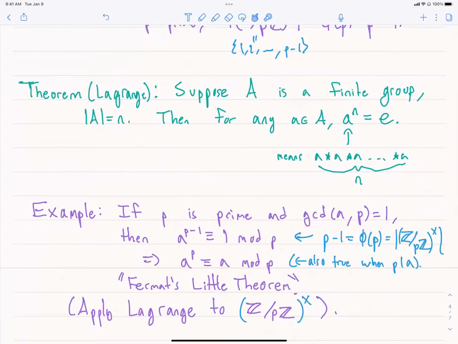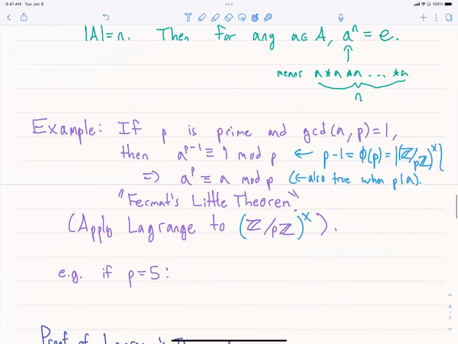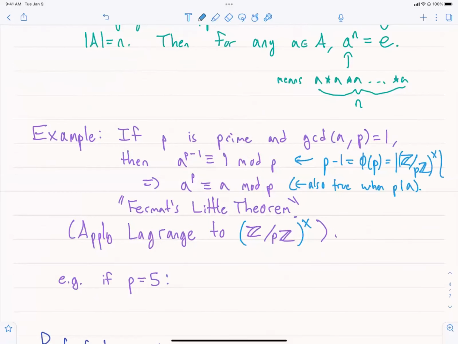Okay, so just completely concretely, if p equals 5, we can just check this. If I take 1 to the 4, that's equal to 1, which is congruent to 1 mod 5. You can take 2 to the 4, that's equal to 16, which is congruent to 1 mod 5, good.